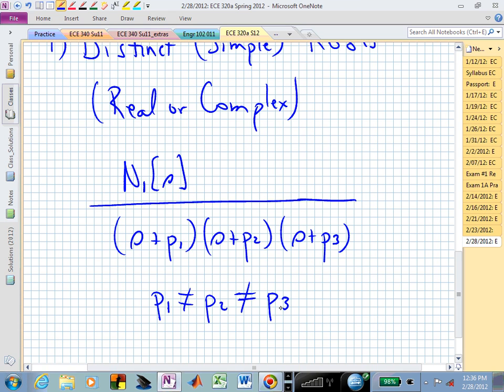Oh, I'm sorry. I thought I was in a class full of students. I didn't hear anything. 3. Okay, so that was pretty easy, I think. That's a third order polynomial. And for distinct roots, we do not want p1, p2, and p3 to be equal. And if p sub 2 is complex, p sub 3 or p sub 1 would be its conjugate. And those are considered distinct or simple.